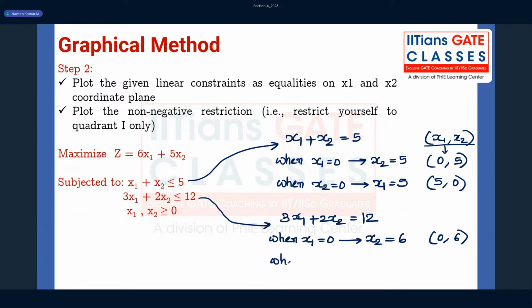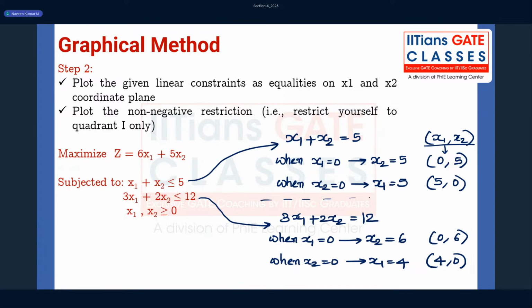And when x2 is equal to 0, 3x1 is equal to 12, x1 is 12 by 3, that is 4. So we have the point 4 comma 0.